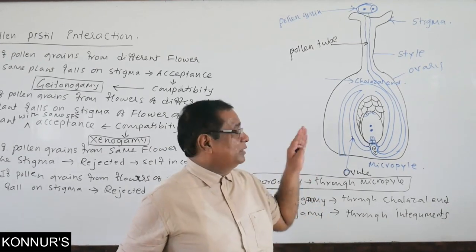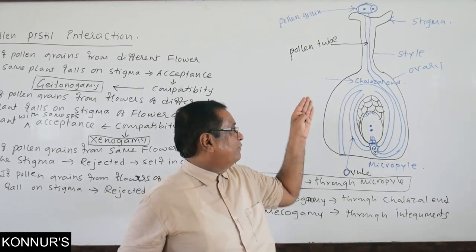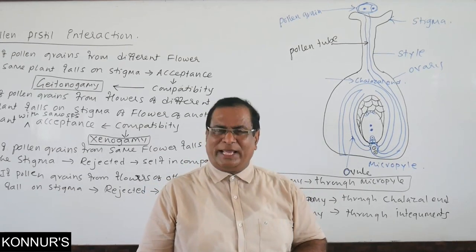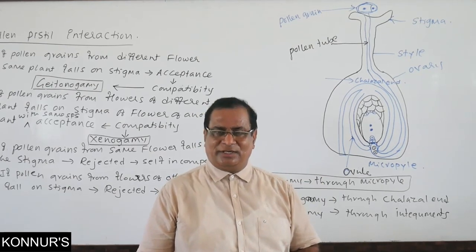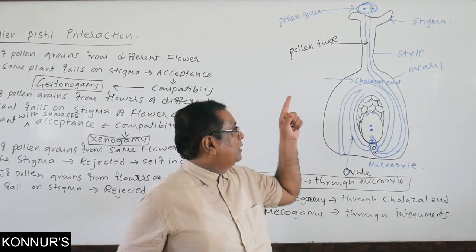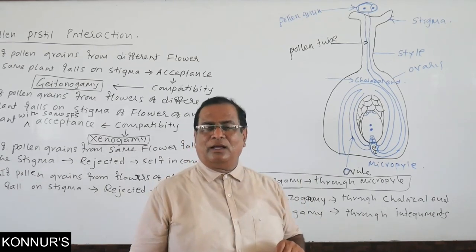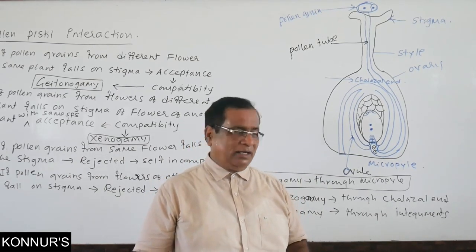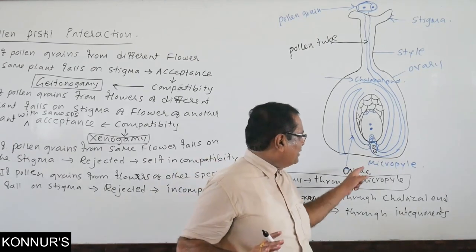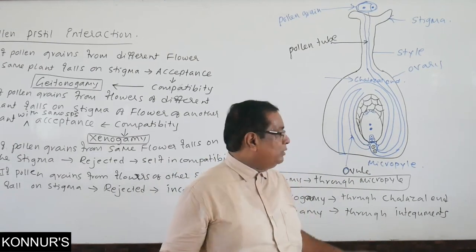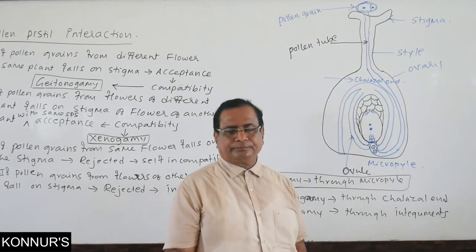When it falls, that vegetative cell forms the pollen tube. Through that, those male gametes enter. That pollen tube pierces through the stigma, passes through the style, now enters into the ovary. Finally, it enters into the ovule through the micropyle.